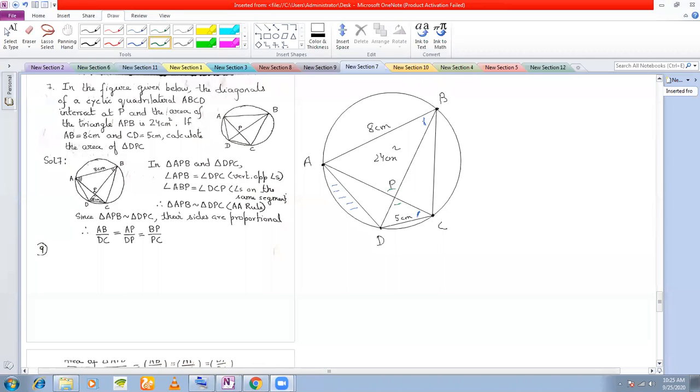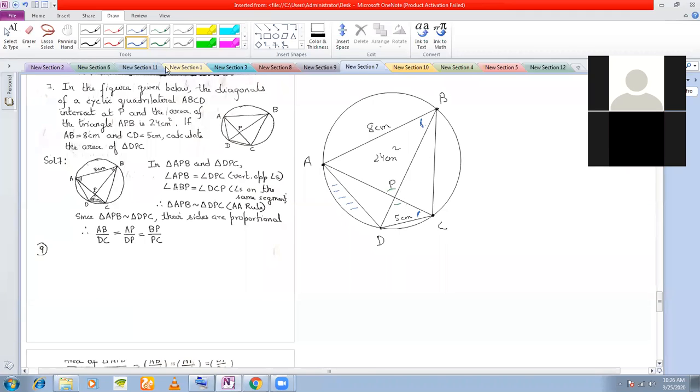No, sir. These two blue angles are equal because they are angles on the same segment. If you see, they are angles on the chord AD and they lie on the major segment. So therefore, they must be equal.